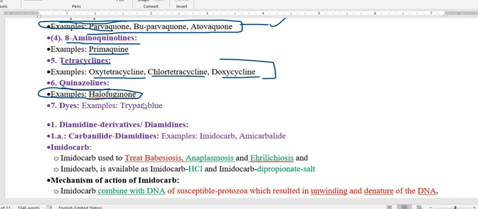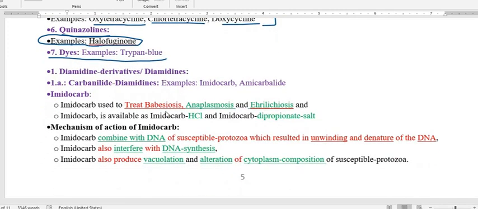Halofuginone is specifically an anticoccidial drug that we already discussed under anticoccidials, but we are still using it for pyroplasmosis as well. And the last is trypan blue. We are going to discuss the drugs one by one. So the first one is the diamidine derivatives.